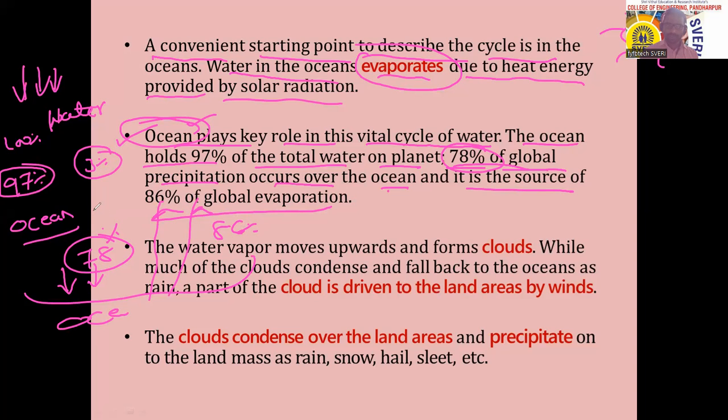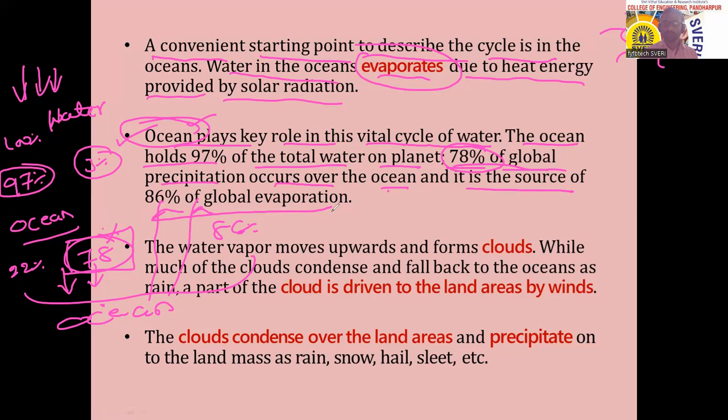Next, among 100% of rain, 78% of the rainwater goes to the ocean, correct? The remaining 22% is stored in the form of water in dams, streams and all. Among the water on the ocean, 86% of the evaporation is taking place.